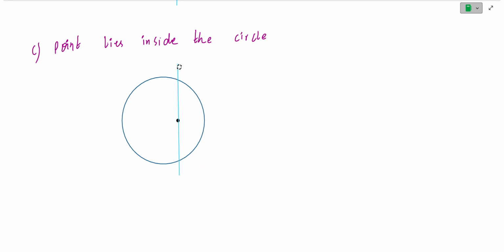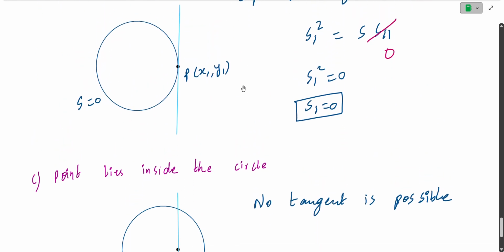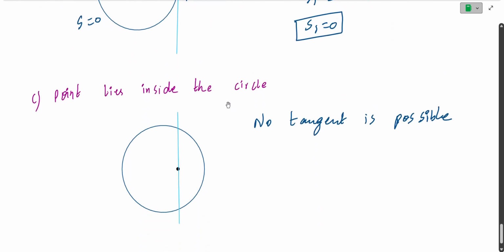So whenever the point lies inside the circle, we can say that no tangent is possible. Now, how do we find that the point lies inside the circle?